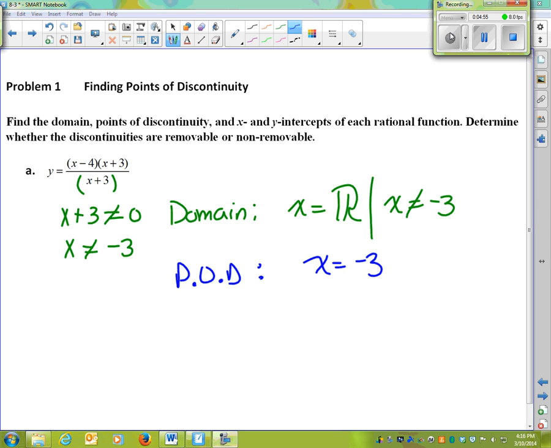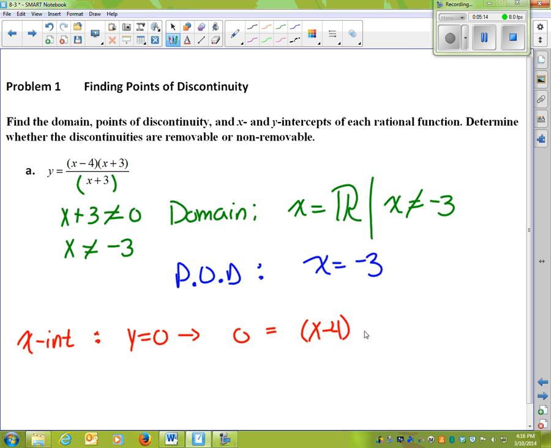The x and y intercept. At my x-intercept, that's where y is equal to 0. So I'm going to plug 0 into my original equation. 0 equals x minus 4 times x plus 3 all over x plus 3.